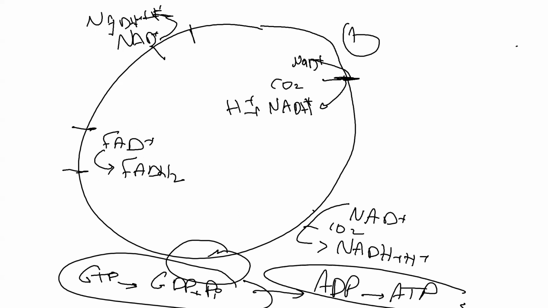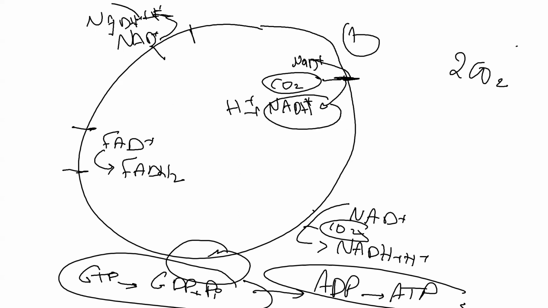Okay. So what are the products of this citric acid cycle? They will be one CO2, one more CO2, so two CO2. They will be one NADH, one NADH, and one NADH, three NADH.